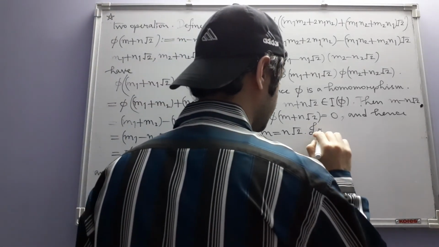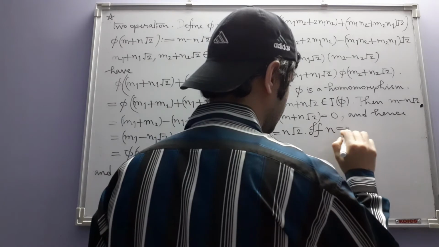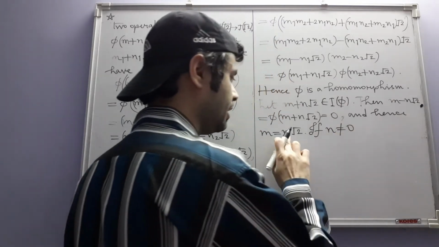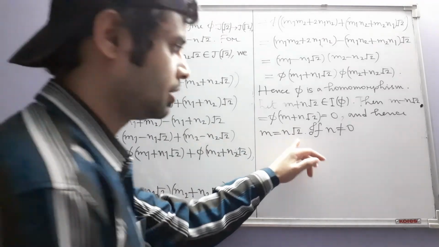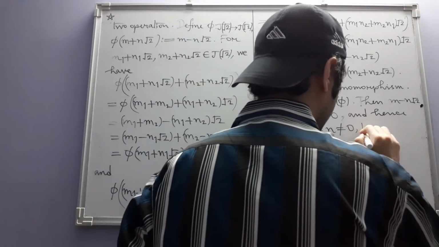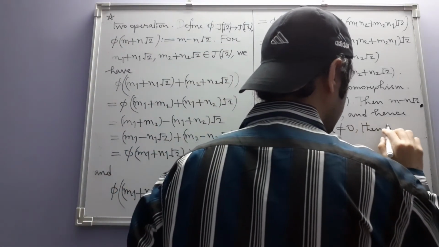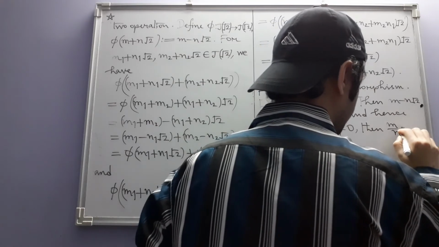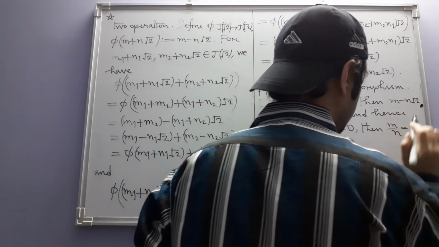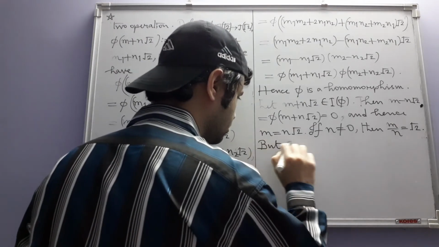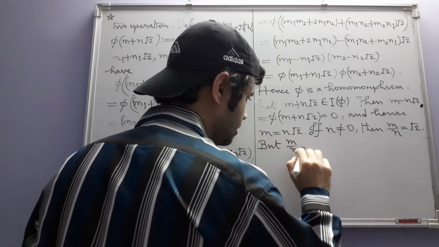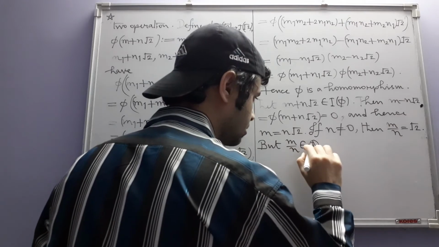Now, if n is not equal to 0, if n is a non-zero integer, then we can divide both sides by n. And doing so will give us m by n is equal to root 2. But m by n is a rational number.